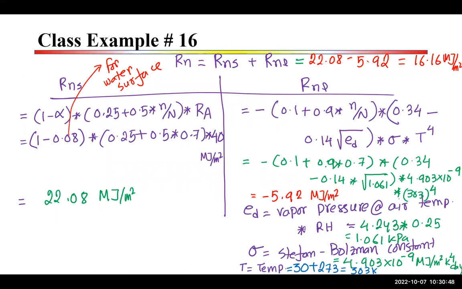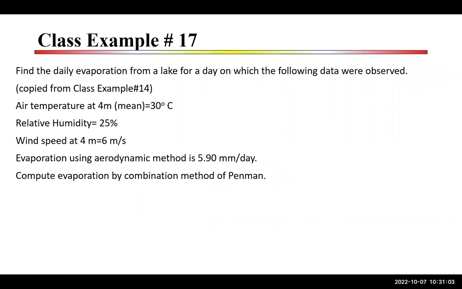So are we good with class example 16, everyone? The next one is way easier than this one and much shorter. So the combination method by Penman, since this is a weighted average method, can anyone read the question very quickly? It's the same question statement, but this time we need to do the class example by using the combination method of Penman.